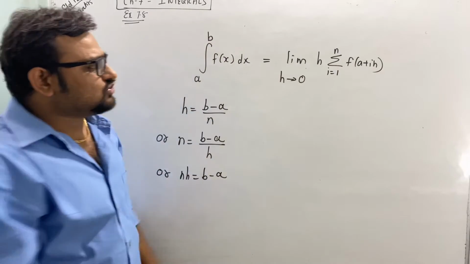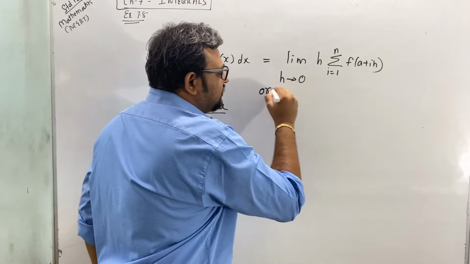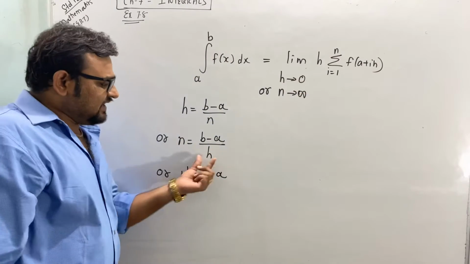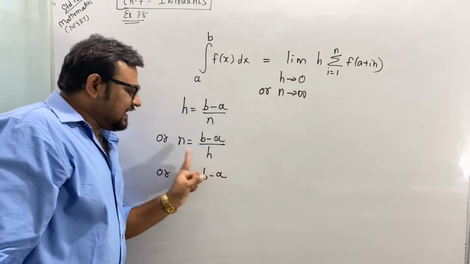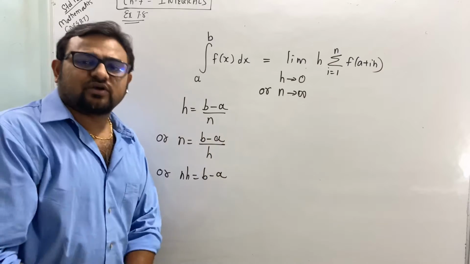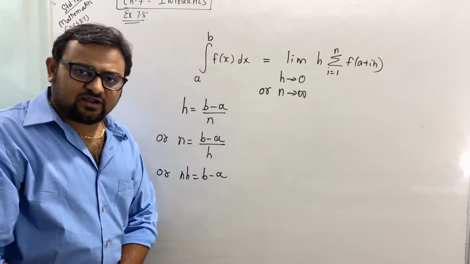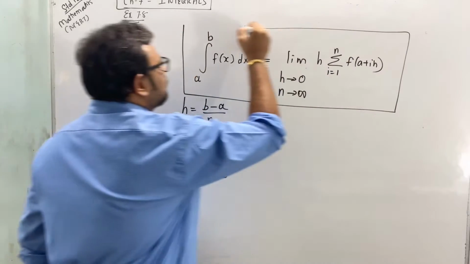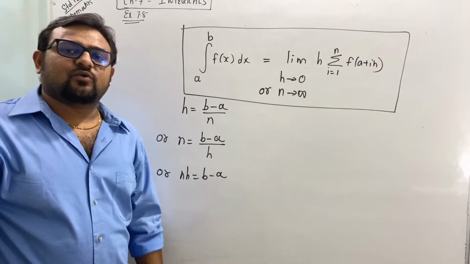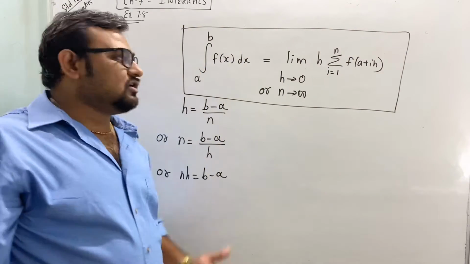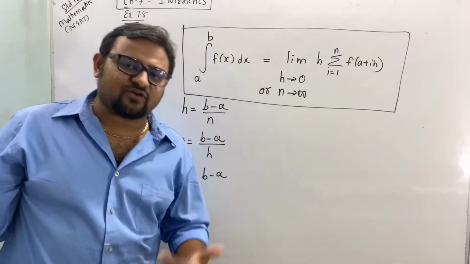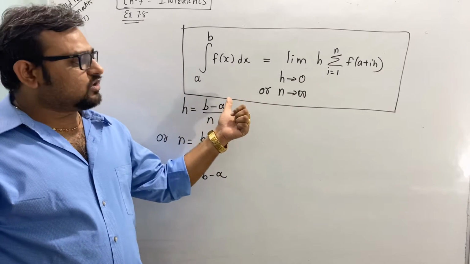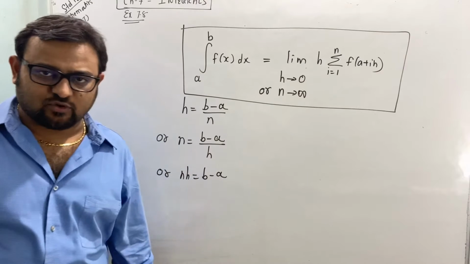We can also use n tends to infinity instead of h tends to 0. When h is equal to 0, n will be equal to infinity. Clear? So just note down this formula. When the question says solve the integral using the limit of a sum, you have to use this formula.